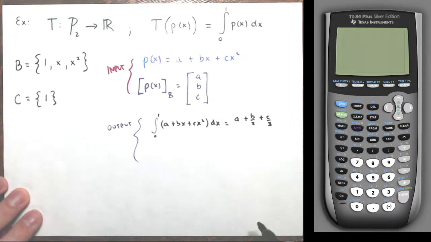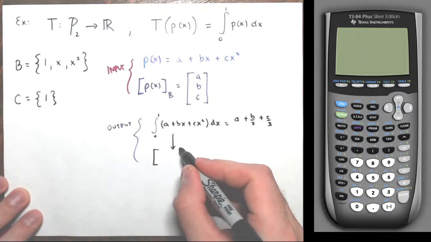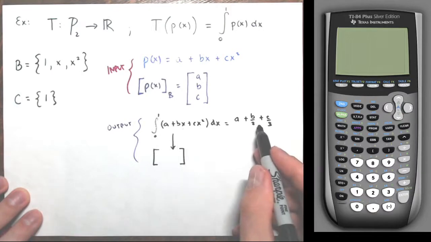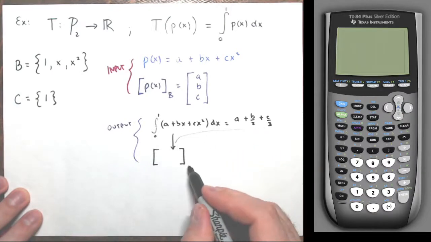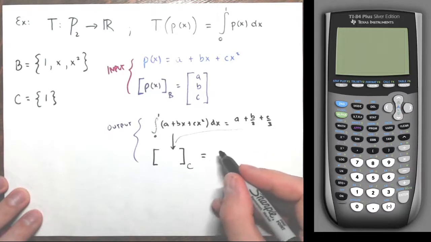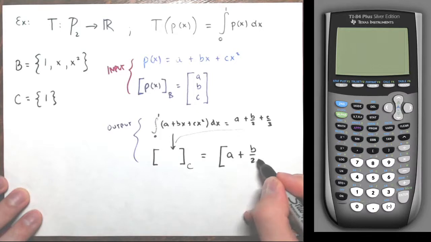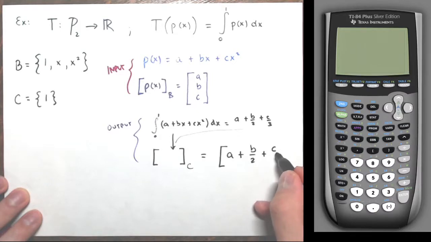Again, just simple integration, plug in 1, plug in 0. So then the coordinates of this output with respect to basis C is just this number, a plus b over 2 plus c over 3.